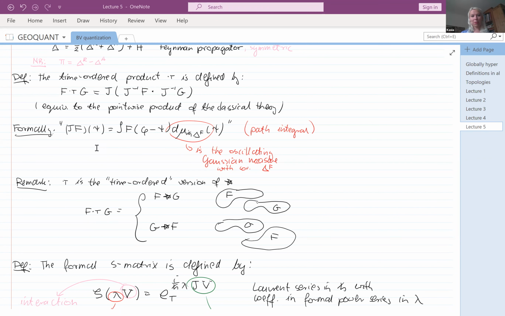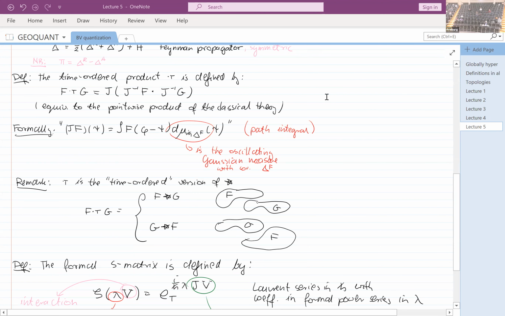So secretly you're actually computing time ordered products and expectation values of time ordered products. So if you want to compute stuff, then this is something you can do. You can take your favorite observables, compute their time ordered products, and this would tell you something about scattering amplitudes for those observables. Anything else?